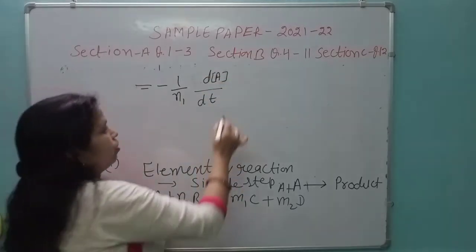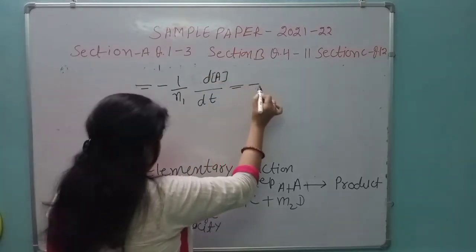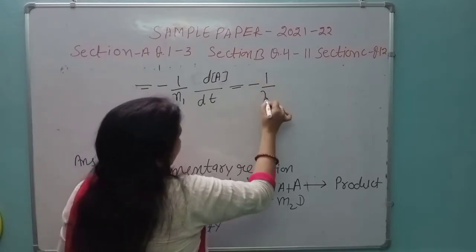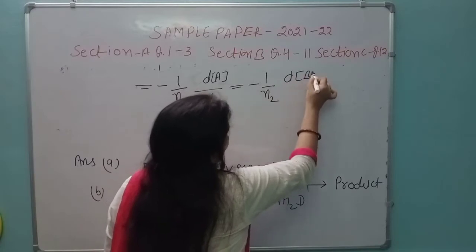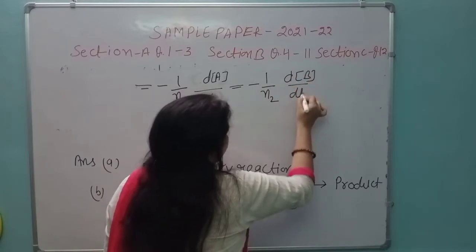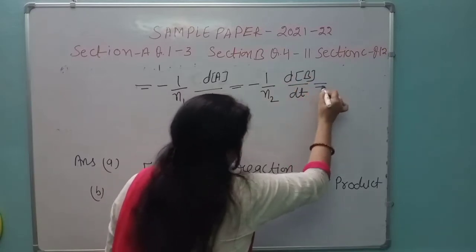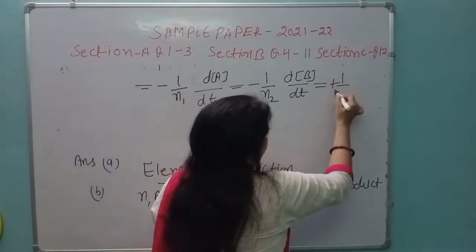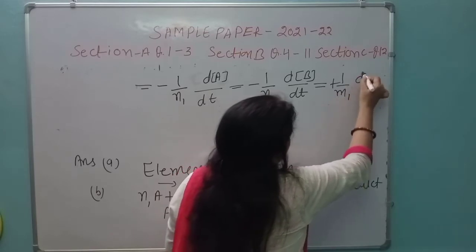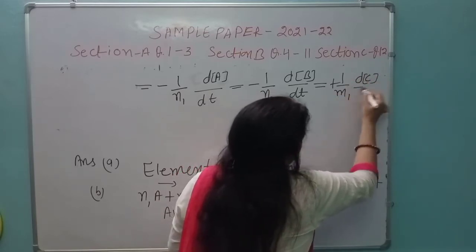And now don't write a plus sign. You should not put a plus. Minus 1 upon n2 dB upon dt. Again, how to write? For C, there is a positive sign. 1 upon m1 dC upon dt, this is the product.